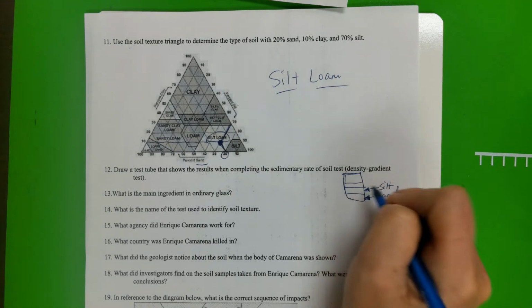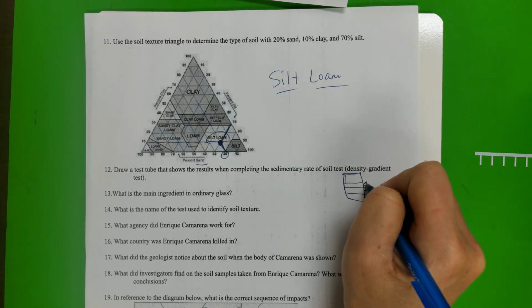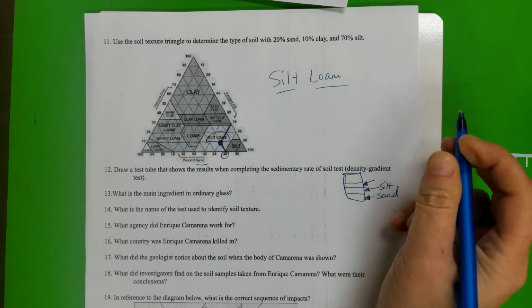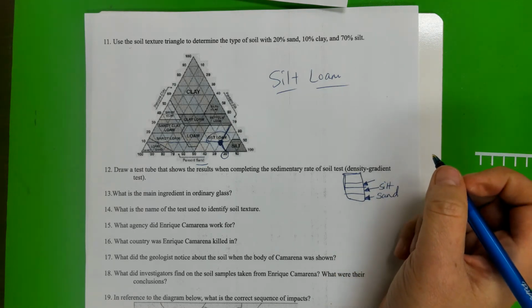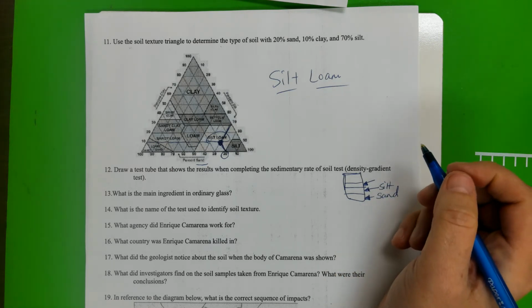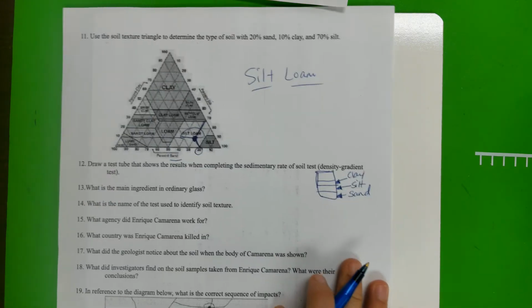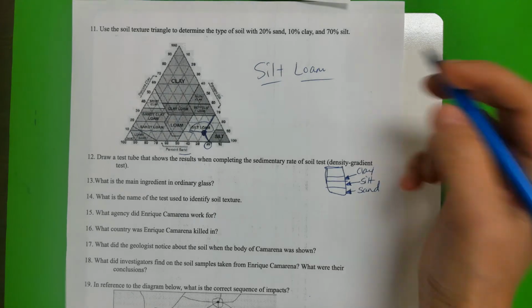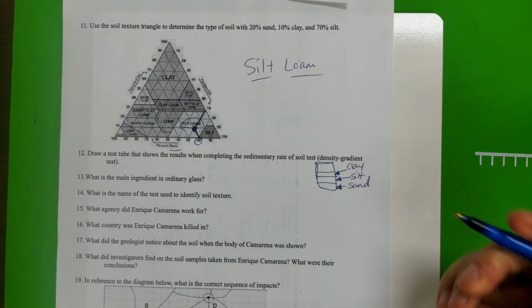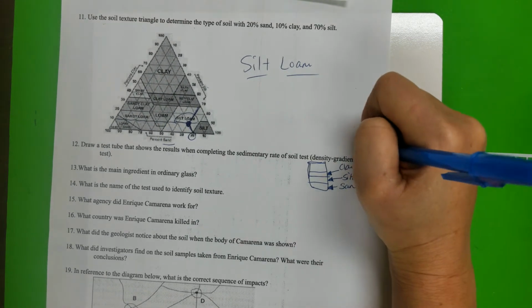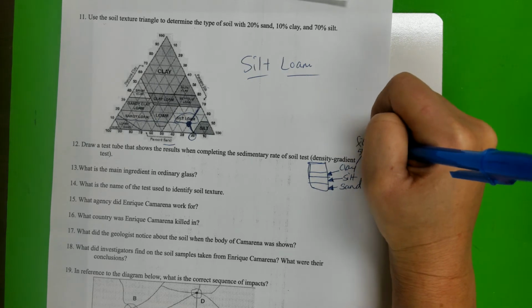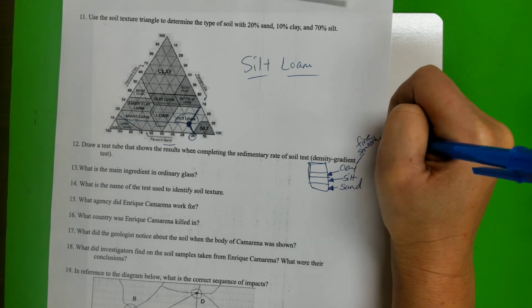And the third layer, that one's really fine. So that one takes a while, but you can start seeing it, but you have to be patient. So that is clay. And keep in mind that clay is very fine and smooth. Make sure you write that down.